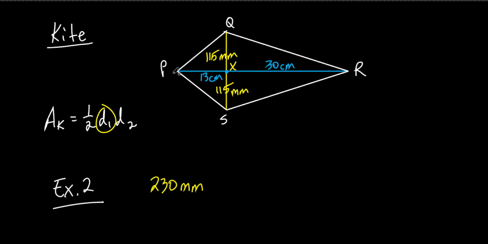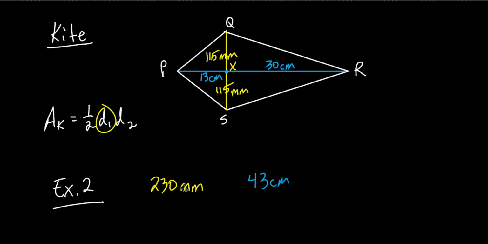Okay, let's go to the blue. What's the whole diagonal PR right here? 43, very good. But it's 43 what? It's not millimeters, it's centimeters.